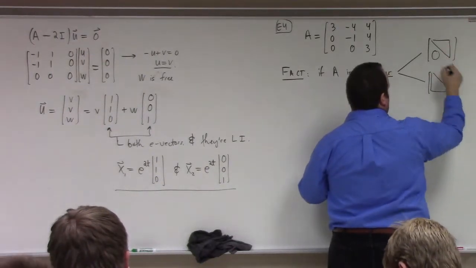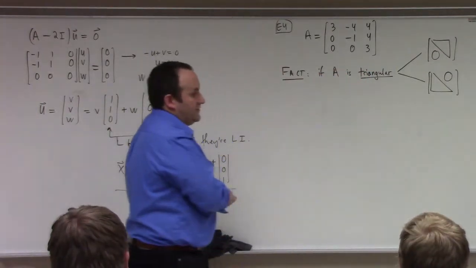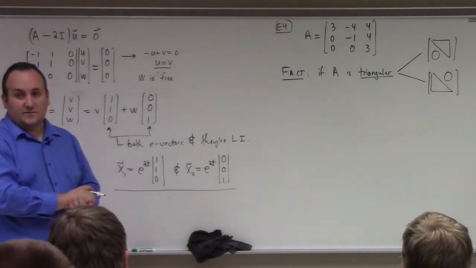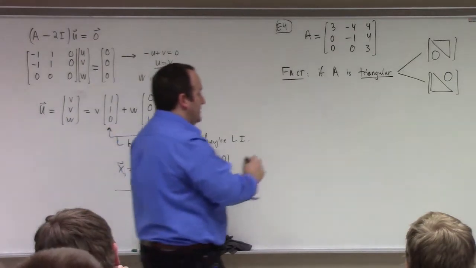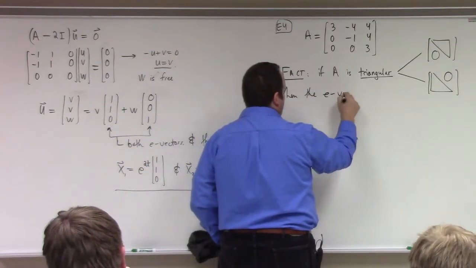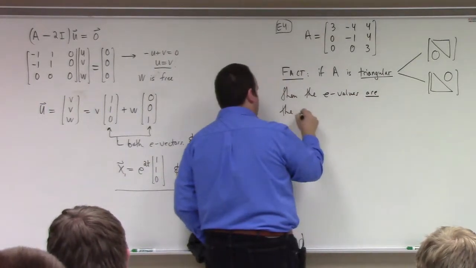So there's zeros over here and zeros over here. This is an upper triangular matrix. You can read the eigenvalues from the diagonal for such a matrix. I can look at this and say the eigenvalues are the diagonal entries.